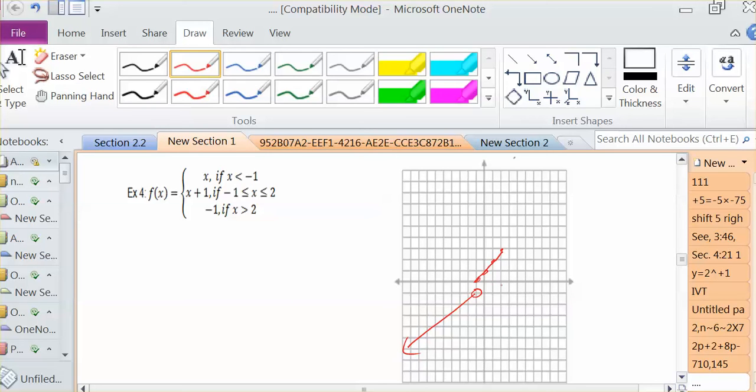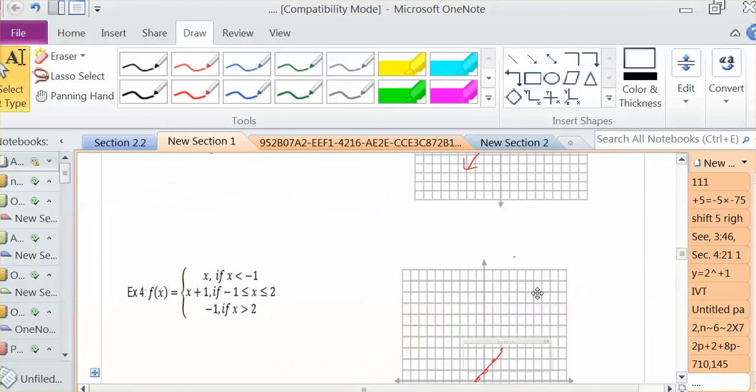Then, when x is greater than 2, I think I did it right, yeah. When x is greater than 2, we'll start at -1 and then go to the right. And that's how you would graph this piecewise function.